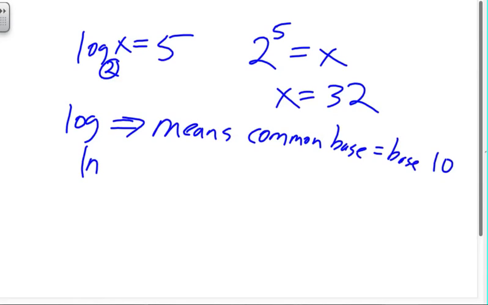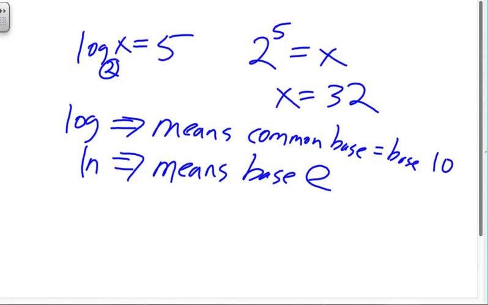If you see something written ln, that means base e, or it's the natural log.